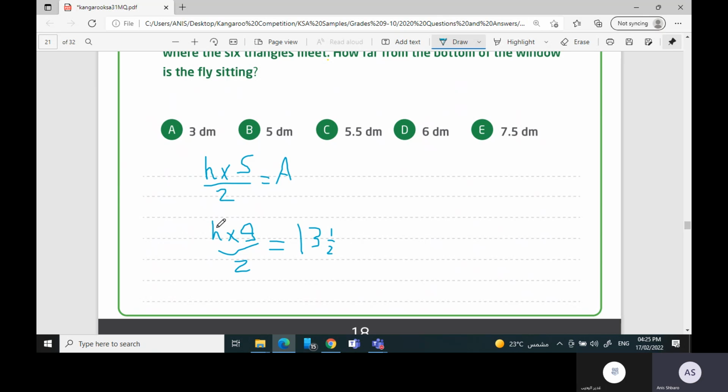So of course, first of all, to solve this linear equation, we have one unknown which is h. We're going to multiply both sides by 2, or use the cross product.